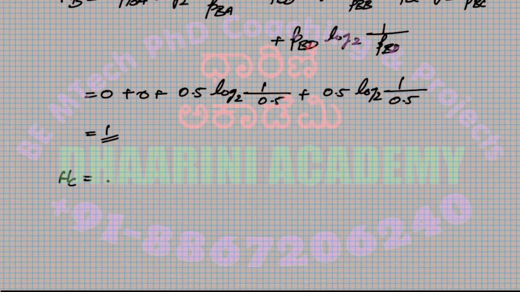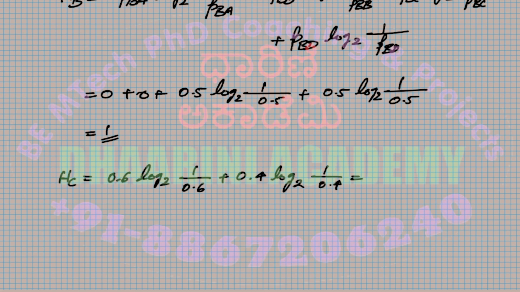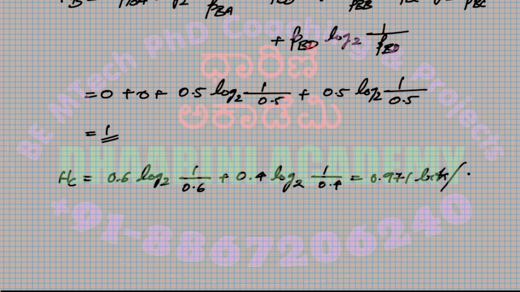Okay, so this is equal to 0.6 log to the base 2 of 1 by 0.6 plus 0.4 log to the base 2 of 1 divided by 0.4. So this is equal to 0.97 bits per symbol.